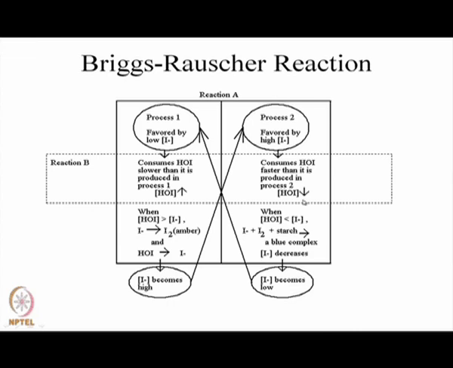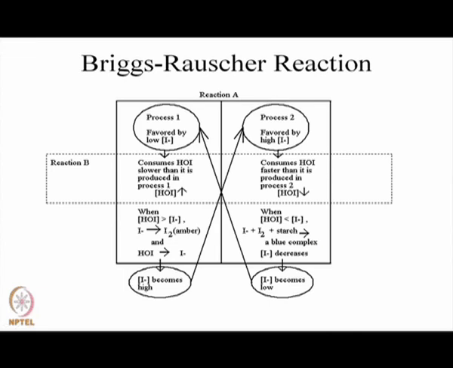Although in the other case HOI is building up, here HOI becomes deficient, I mean HOI concentration is reduced as a result of high iodide concentration. So, when HOI is less than I minus, that is high iodide concentration, then I minus plus I2 plus starch gives a dark blue complex.